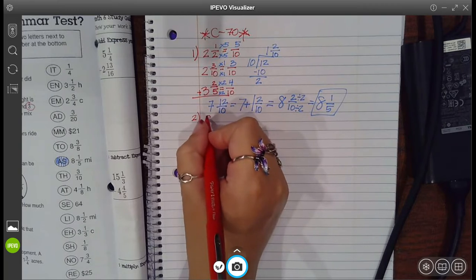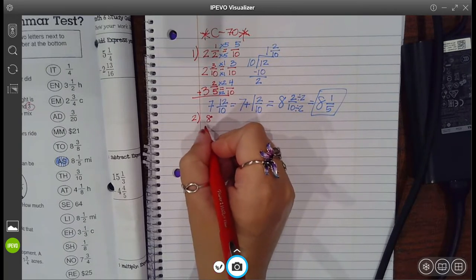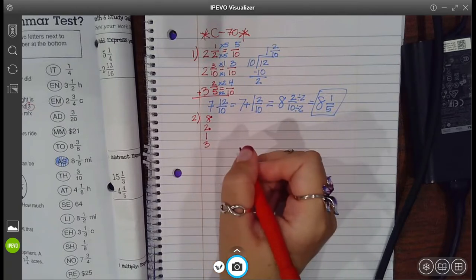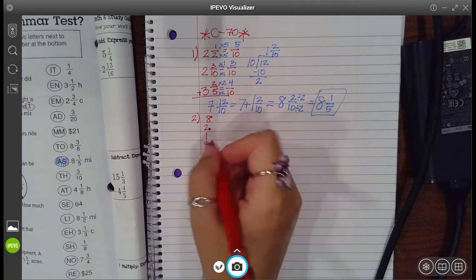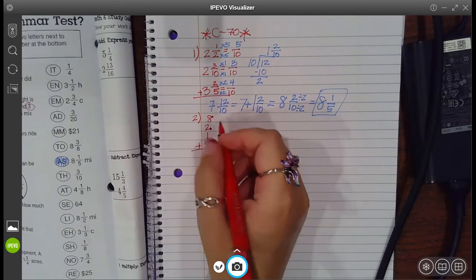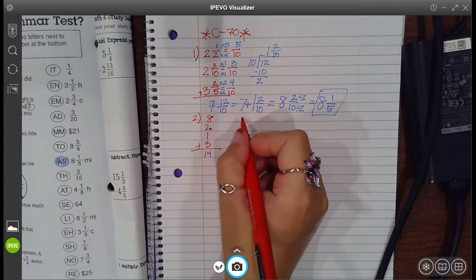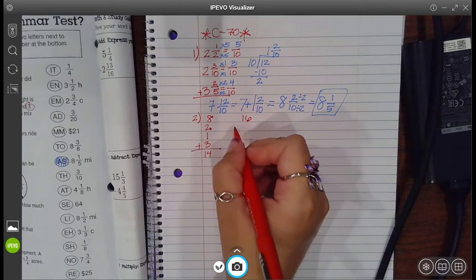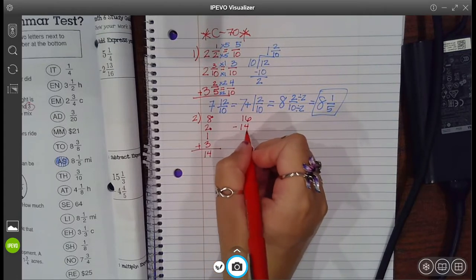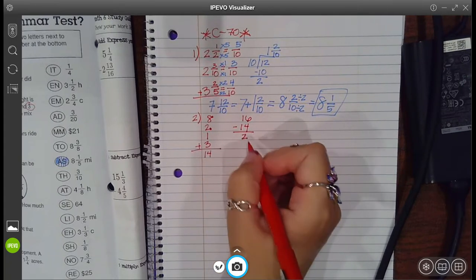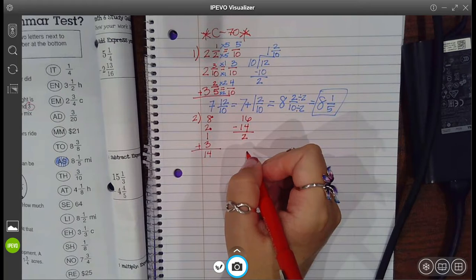So I know 8 was peanuts, 2 was almonds, 1 was cashews, 3 was raisins, and then plus some other amount is chocolate chips. So let's add all these together. That's 10, 11, 12, 13, 14. And if the total bag is 16 ounces, let's subtract everything else, and that will give me the leftover amount, which must be the chocolate chip.